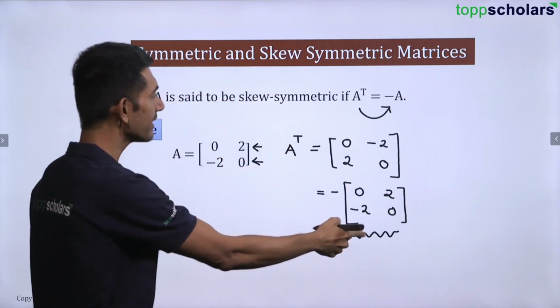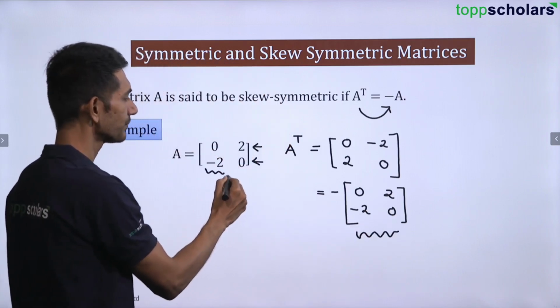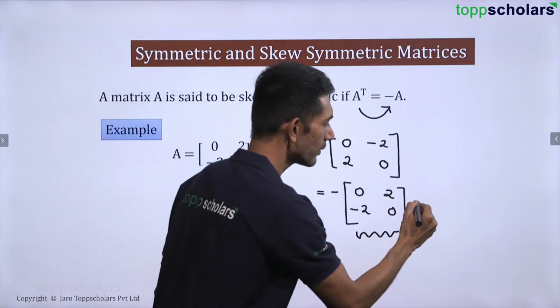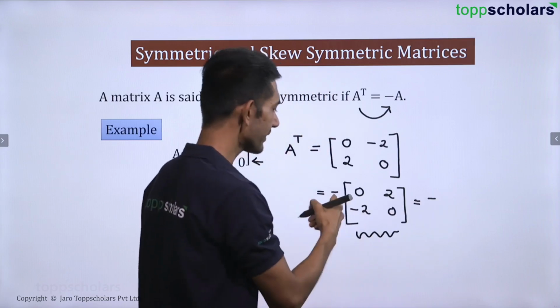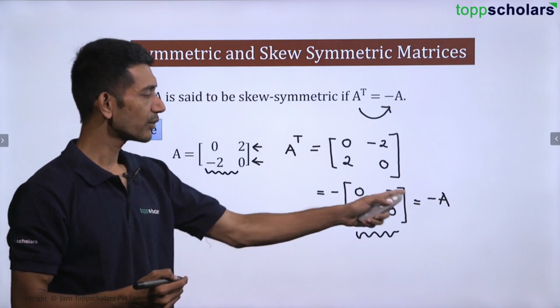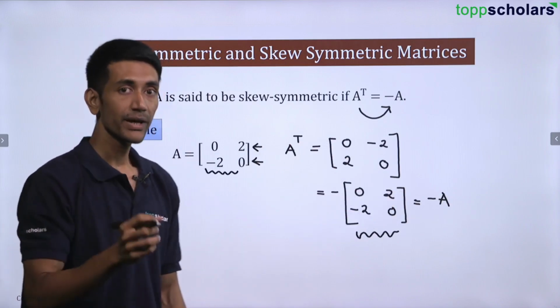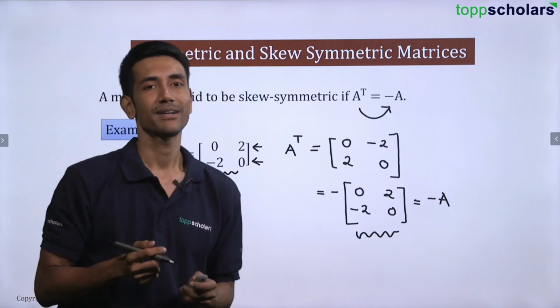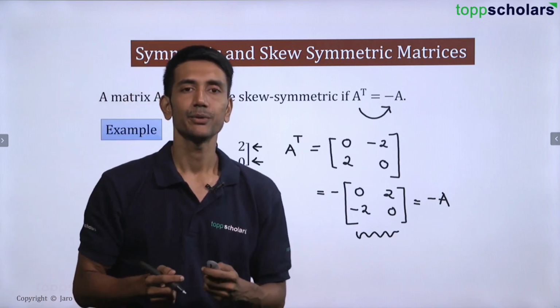Can I say this matrix is nothing but A? So instead of this matrix, can I write down A? So this will be equal to minus sign and A. So see, A transpose is equal to minus A. So if you get such a condition, we can say that this is a skew symmetric matrix. Clear? Let's continue.